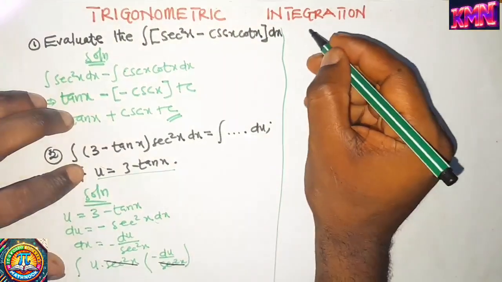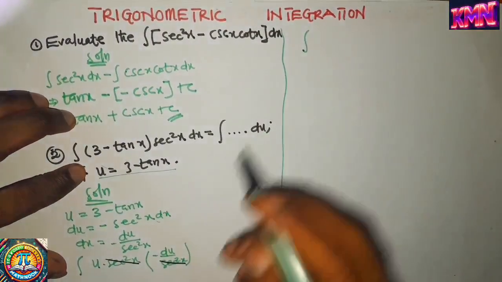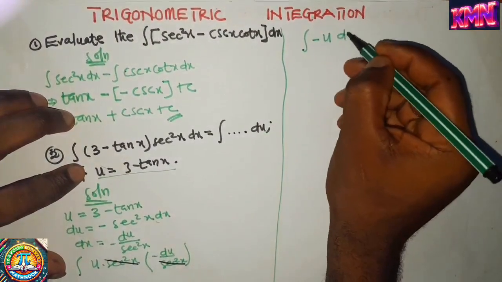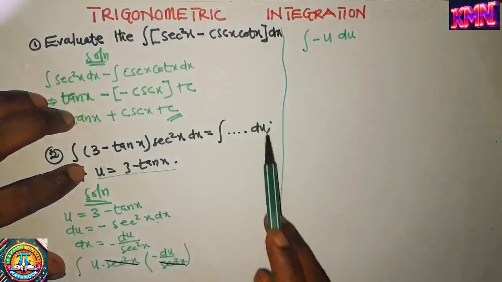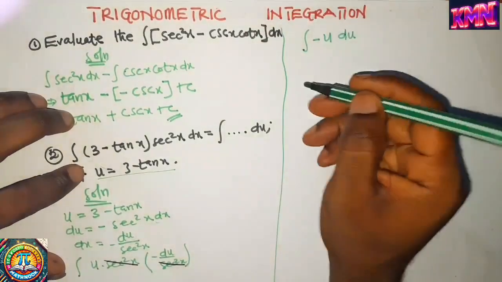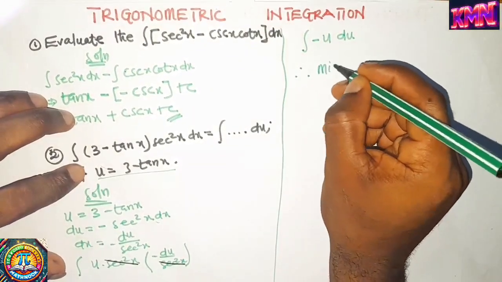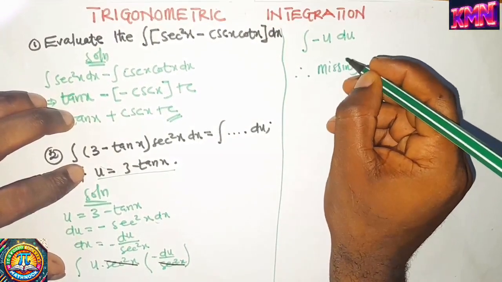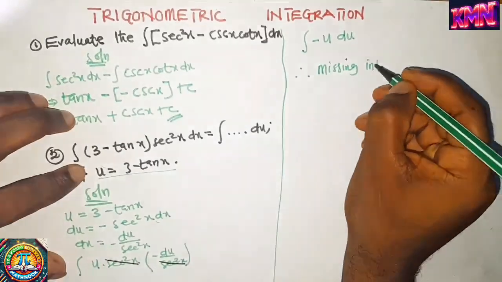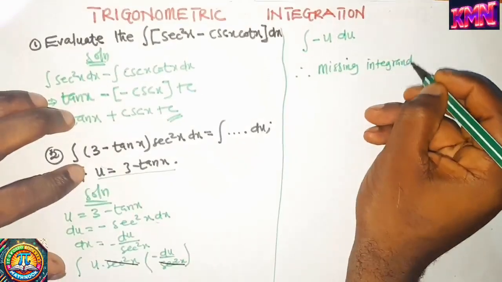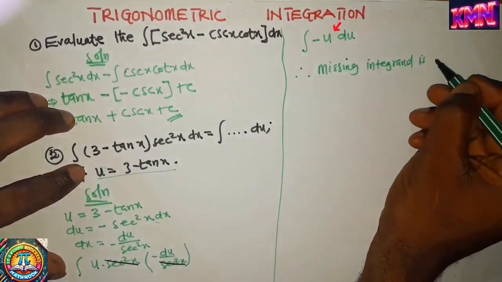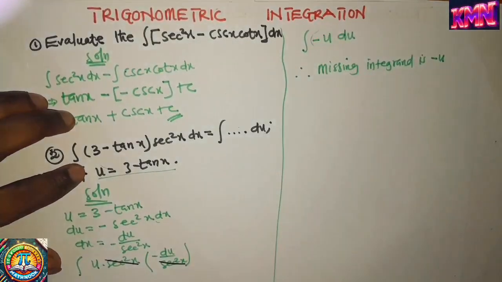So now we have the integral of negative u du. You can see this matches what we have here, so we can say therefore the missing integrand is negative u. So that is the answer.